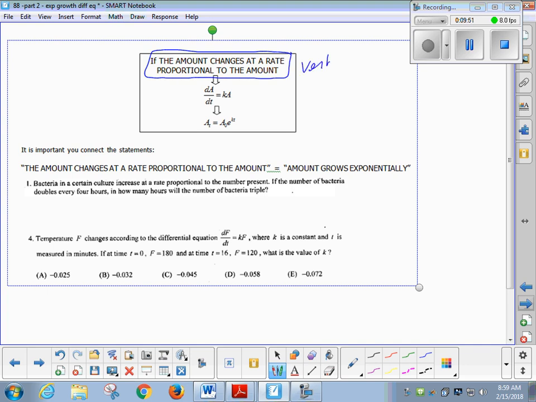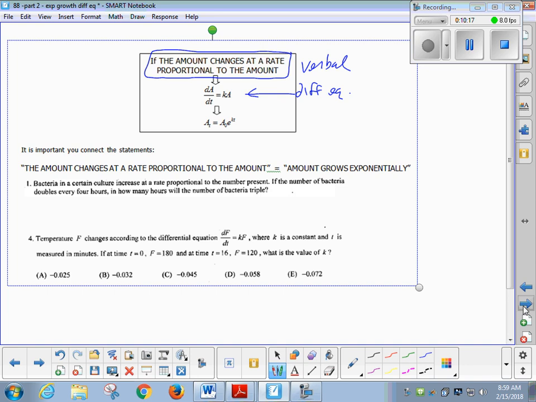The verbal description: if they say the amount changes at a rate proportional to the amount, it's kind of wordy, but you need to understand what that means. If they say the amount changes at a rate, that's a derivative, proportional to the amount, then that's interpreted into that differential equation.